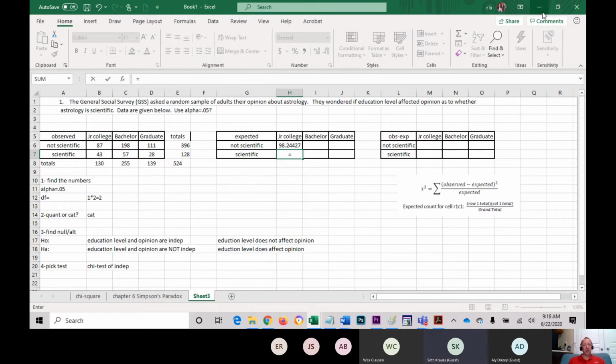So it's row 2 total, 128, and then column 1 is 130. So I'm going to multiply those and divide by the grand total, which is 524. Okay. Well done.